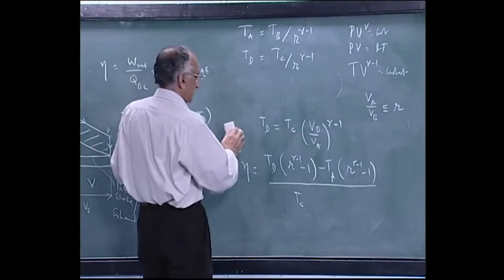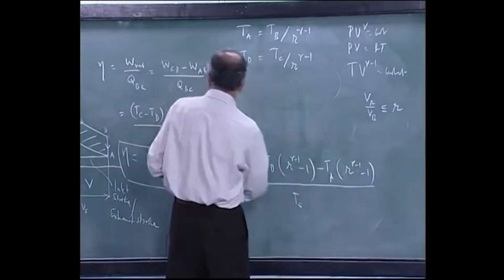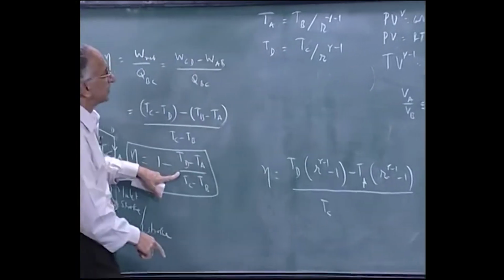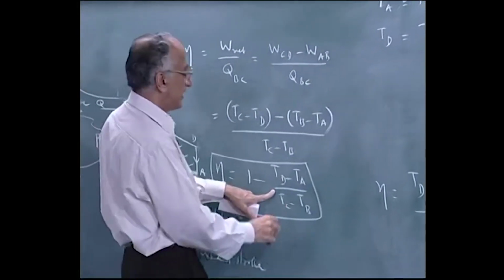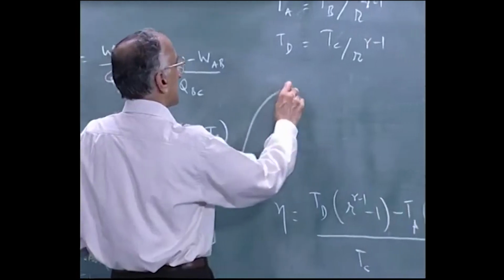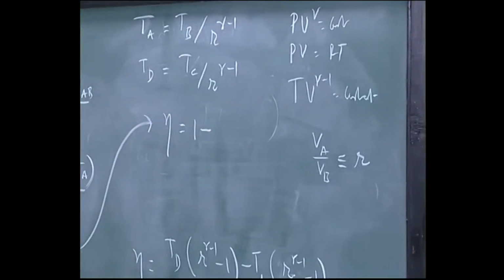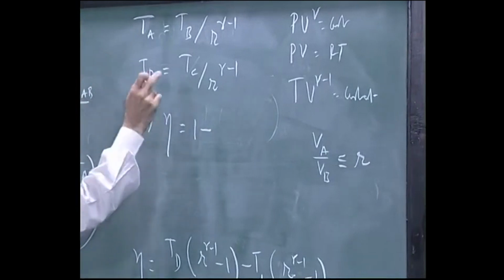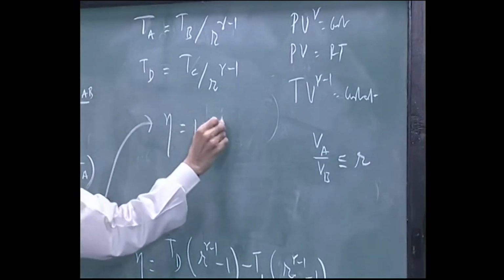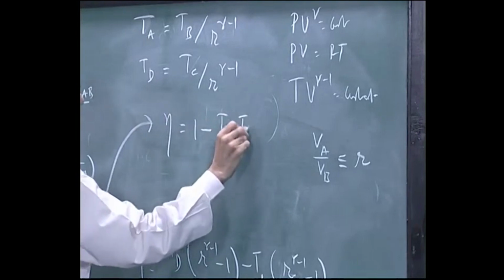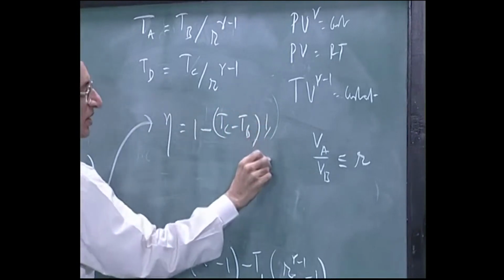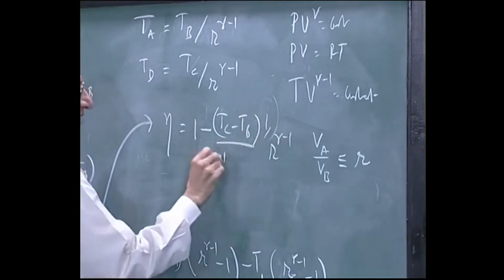Okay, 1 by R to the power gamma minus 1 comes out. You are now doing this equation? Yes, sir. Okay, TD minus TA, yeah, so you got, yeah, thanks. So eta is equal to 1 minus TD minus TA, which is TC minus TB, into 1 by R raised to the power gamma minus 1, divided by TC minus TB.